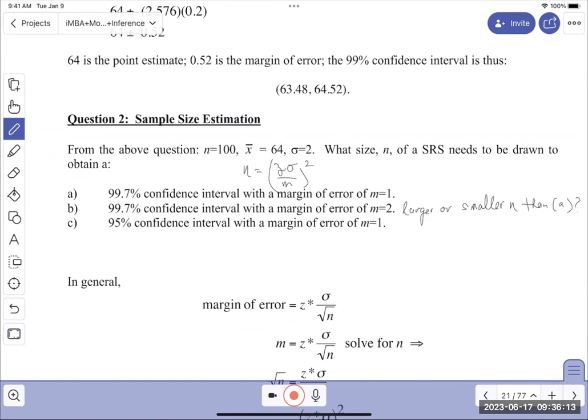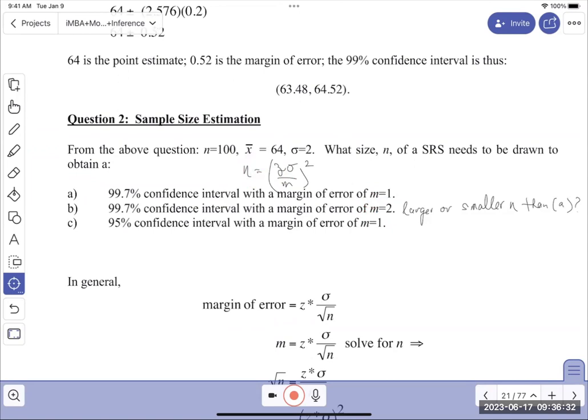It's going to be lower. So you don't need so much precision, so you don't need so much data. You're allowing a margin of error of 2. So then you don't need such a high sample size.